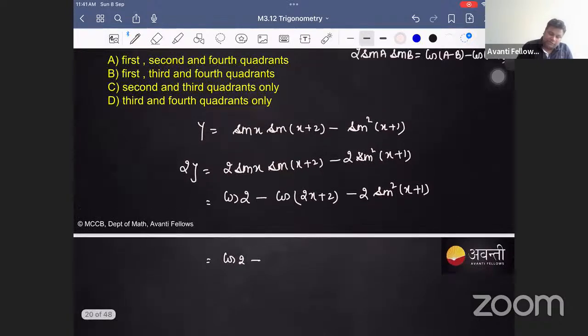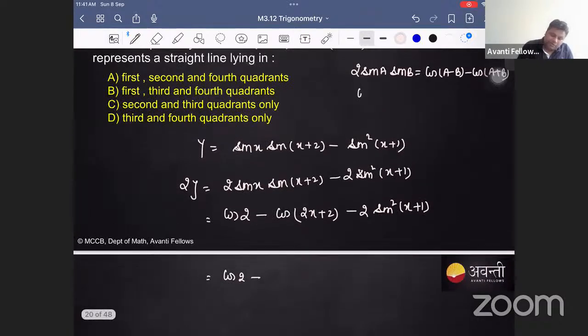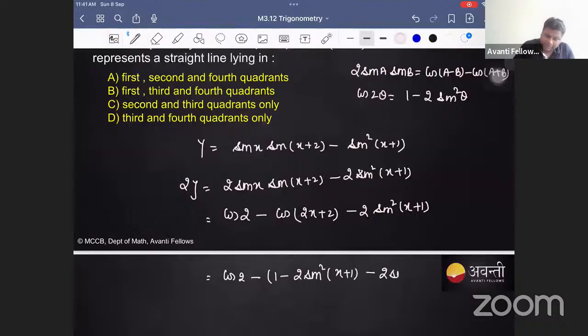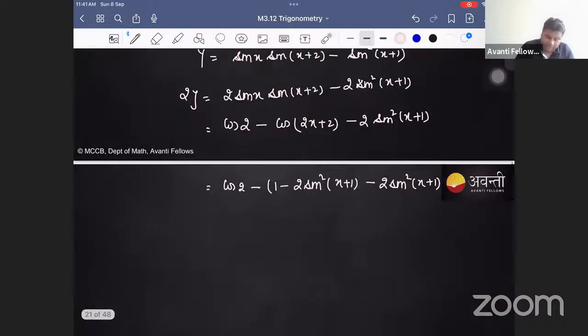Now I will use another formula, that is cos 2 theta, that is 1 minus 2 sin square theta, which I have listed previously also. So it is 1 minus 2 sin square x plus 1 minus 2 sin square x plus 1. Am I correct?